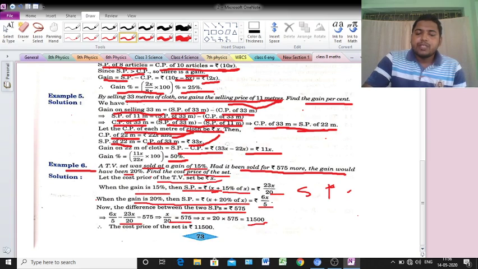So please practice it in your copy. For homework, do the exercise problems in your copy, and show me if you have any doubt.